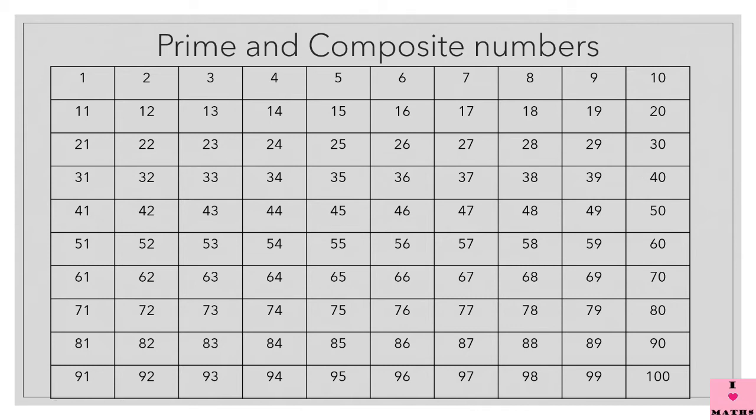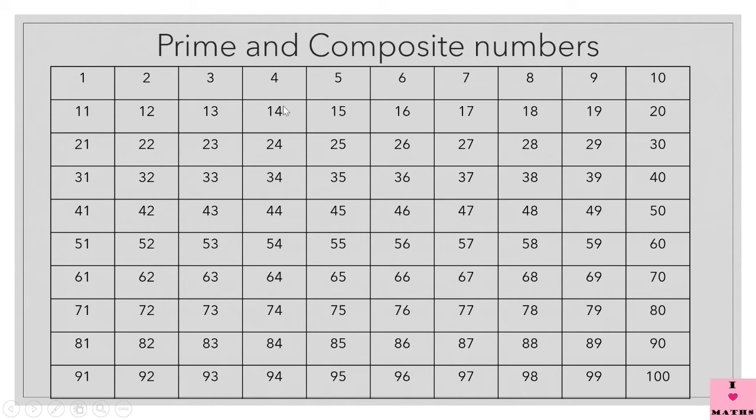Haven't you learned this in your divisibility test? So what we are going to do, we are going to cut all the numbers which are ending in 2 or which have 2 in the ones place. So all these numbers starting from 12 till 92 we are going to cut.